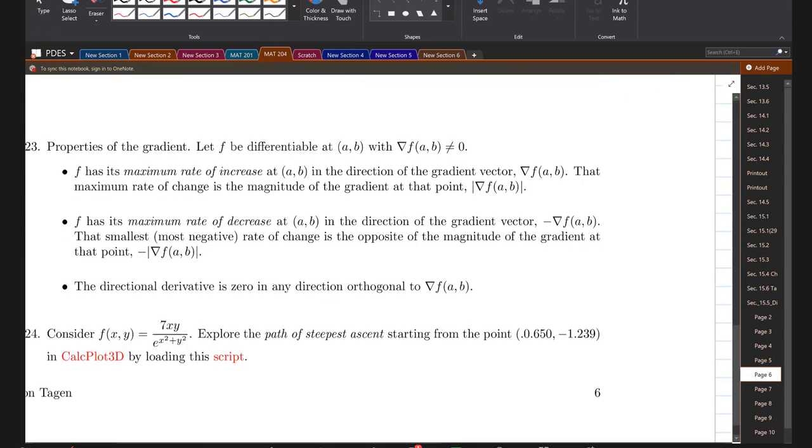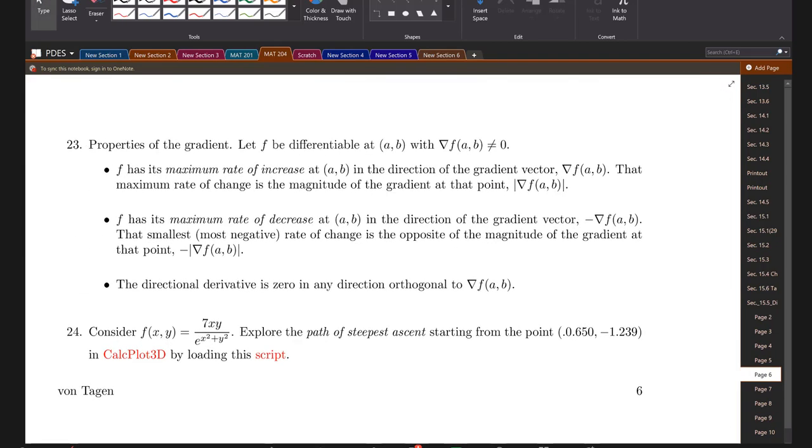Okay. So here again, I'm just summarizing those results. It says that f has a maximum rate of increase in the direction of the gradient vector. And what is that maximum rate of change? It's simply the magnitude of the gradient vector. Folks, be careful here.